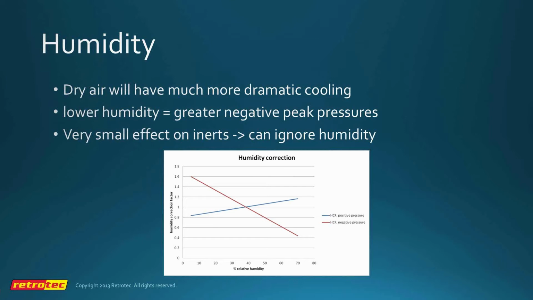But for the time being, if you're using any inert pressure regulating valve, then use the Pro Inert curves, and they will give you as good a result as we have information at the present time. As far as inerts are concerned, we can essentially ignore humidity. There's virtually no effect whatsoever.